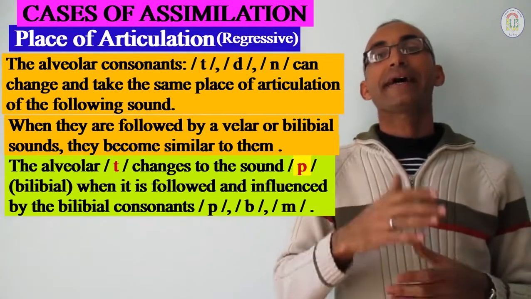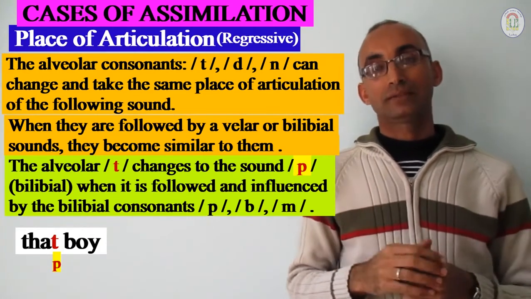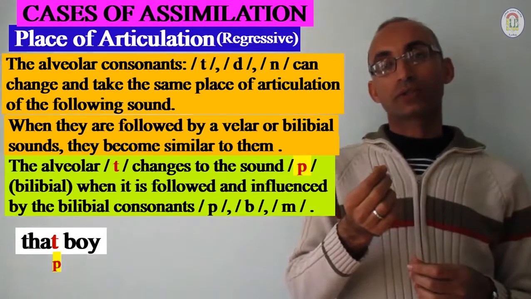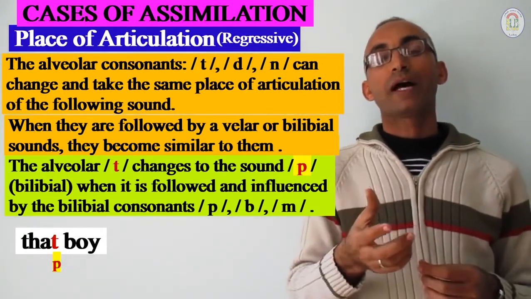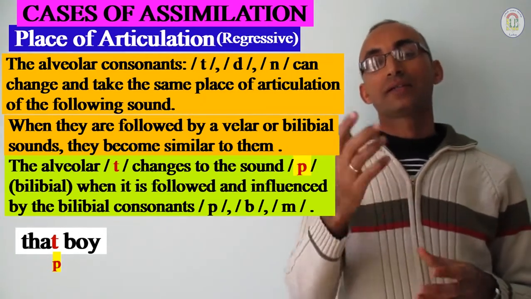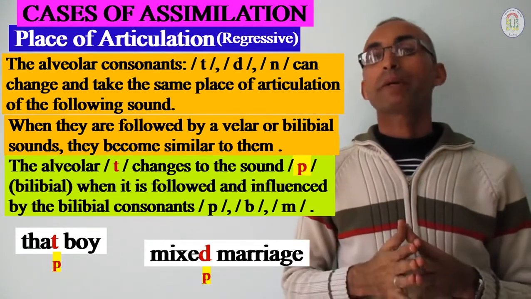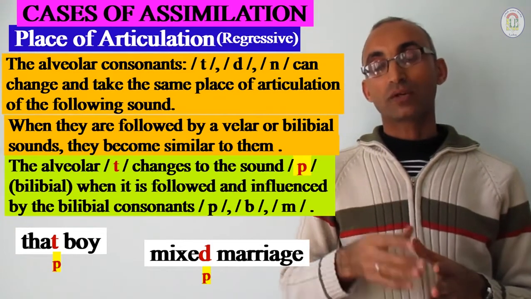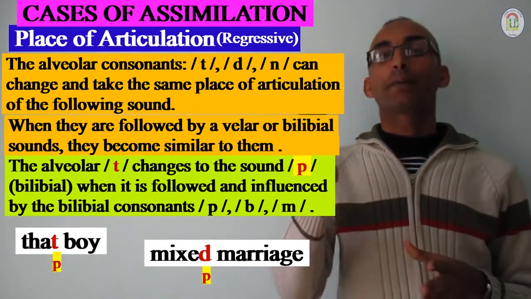Example, I have that boy. So here, when ta is followed by ba and influenced by it, the ta becomes pa. Also, when the ta is followed and influenced by ma, it becomes pa, like in mixed marriage.